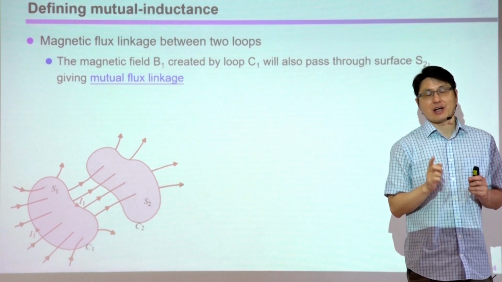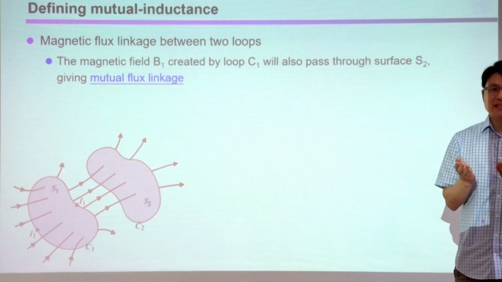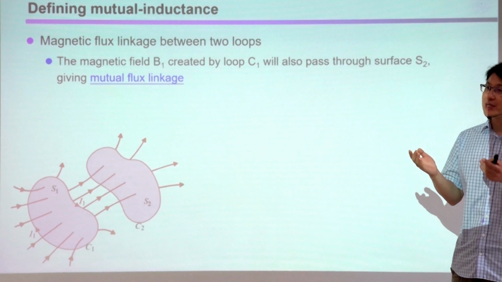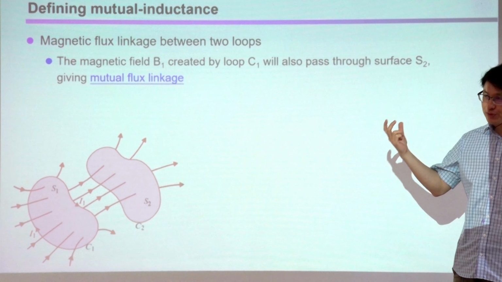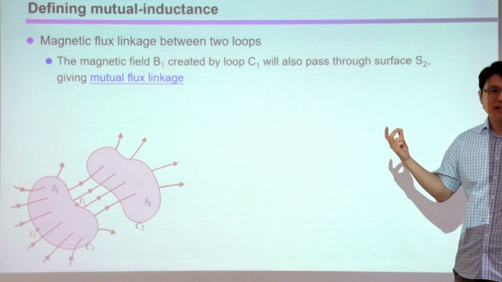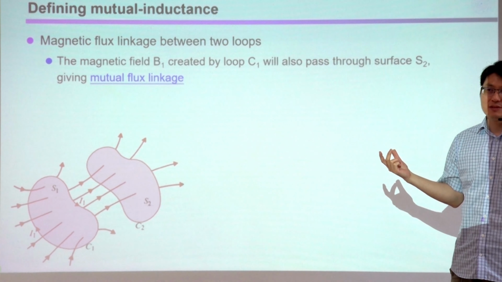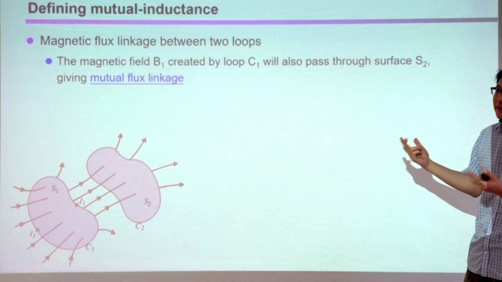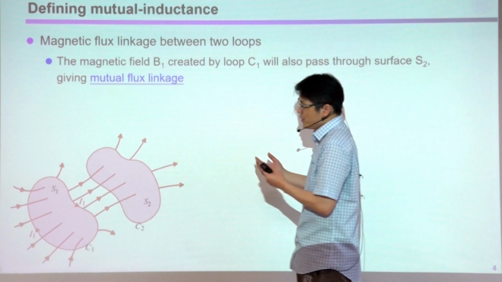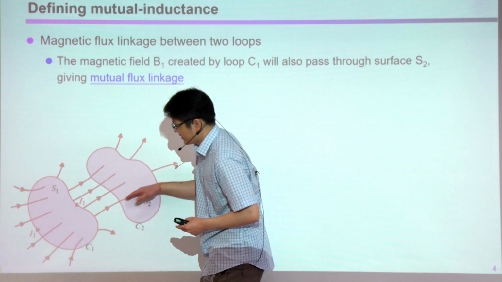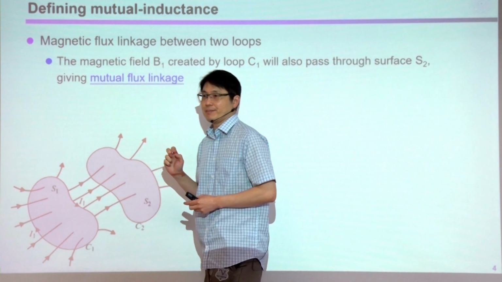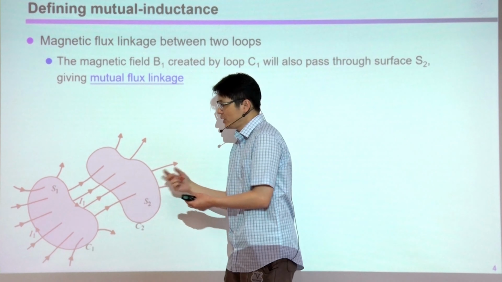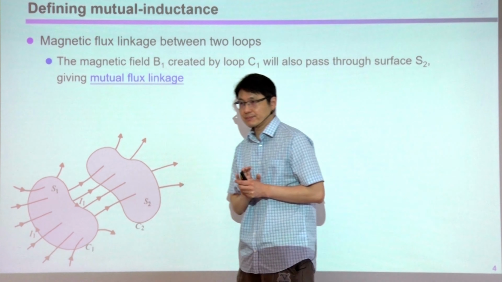By now, you should understand the flux lines are the way to connect different loops, just like current is connecting different resistors, right? So magnetic circuitry is using the flux lines to connect between them. They talk, they communicate using these field lines.